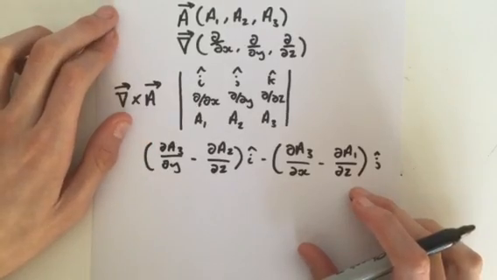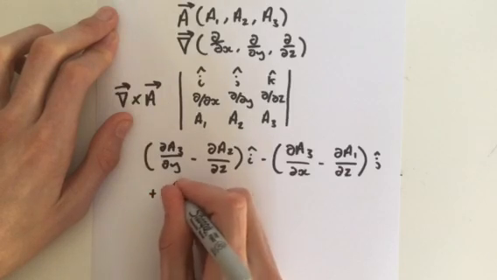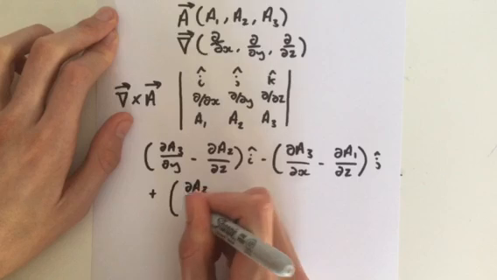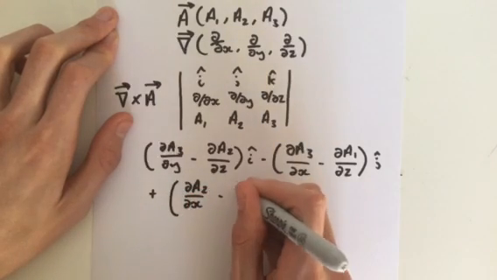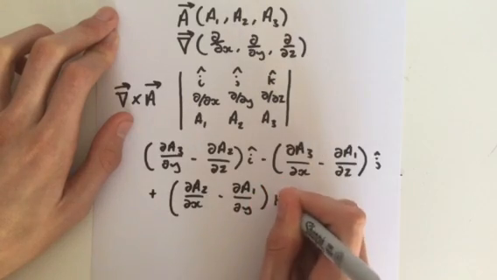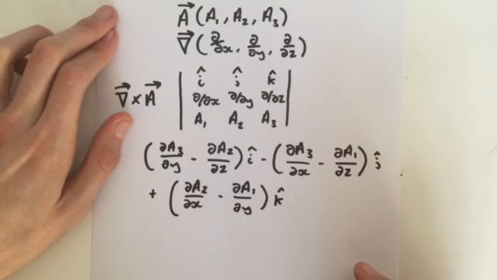And finally we cover up the k column. We add the partial derivative of A2 with respect to x minus the partial derivative of A1 with respect to y, times k. I hope you understood that. If not, please watch my videos on the cross product and the curl.